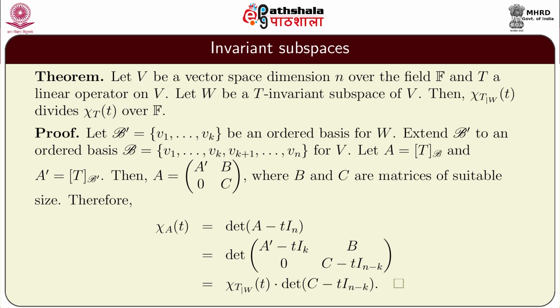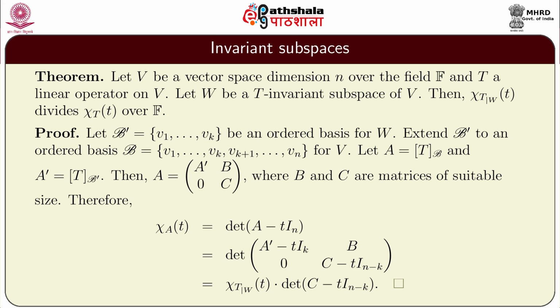Then the matrix A is of this form written in blocks. So, the top left corner is A dash and then B, and in the second row you see 0 and C, where B and C are matrices of suitable size and 0 is of course the 0 matrix.